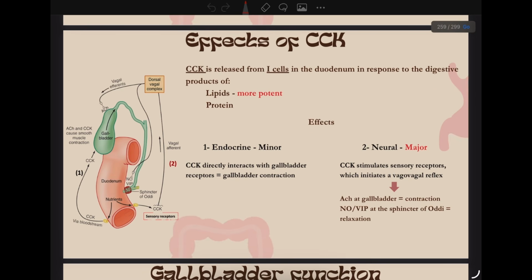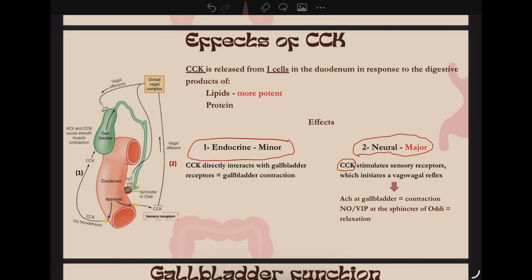Effects of cholecystokinin. You know the effects of cholecystokinin, which is the contraction of the gallbladder and the relaxation of the sphincter of Oddi. But how is it doing that? Well, to your surprise, it's a hormone, but its endocrine effect is actually minor. The main mechanism where it acts is a neural effect. And please, there was a question about this. I forgot to put a star here. But anyways, the main effect of cholecystokinin is done by vagovagal reflexes.